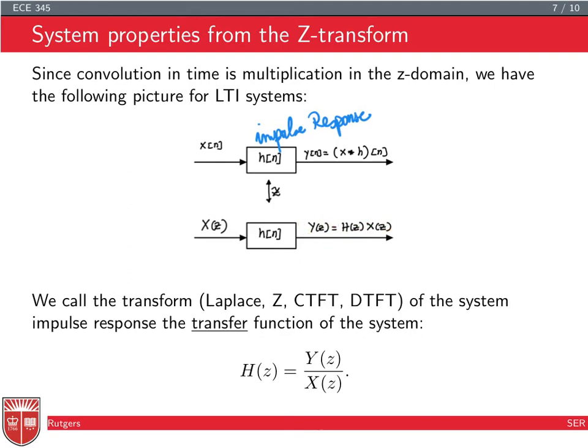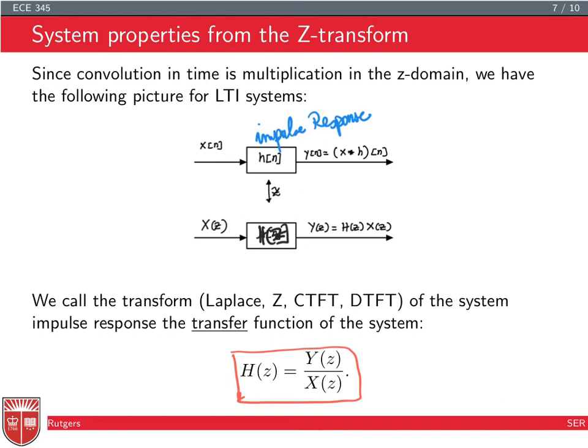Sorry, here there's also a typo, so this is supposed to be h of z. And we call h of z the transfer function of the system. So this is an important concept, and I think we will revisit it again with some examples.